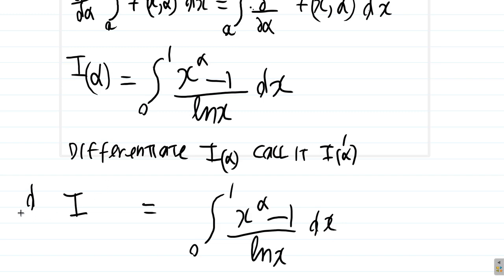We differentiate I of alpha, and we have to differentiate both sides. So we're finding the derivative with respect to alpha of the integral from 0 to 1 of x to the alpha minus 1 over ln x dx.